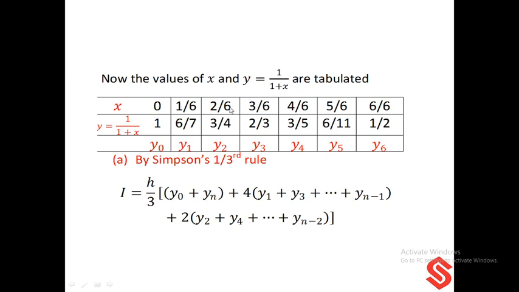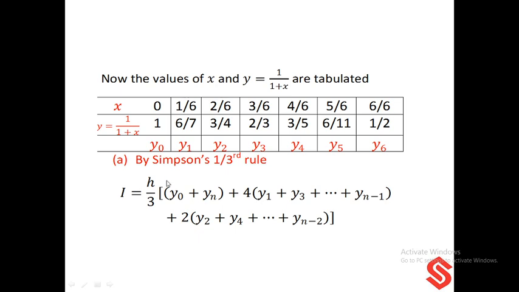Next x2 is 2 by 6, x3 3 by 6, x4 4 by 6, x5 5 by 6, x6 6 by 6, and the integrand is y is equal to 1 by 1 plus x square. So we get y0 by substituting x0 value here, that is 1. Then y1 is 36 by 37, y2 is 9 by 10, y3 is 4 by 5, y4 is 9 by 13, y5 is 36 by 61, y6 is 1 by 2.